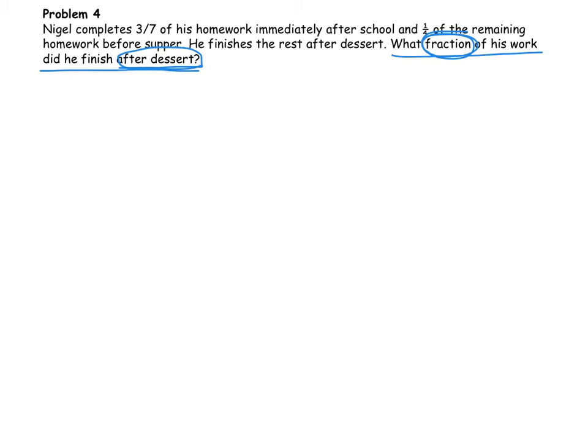Okay, I need to draw a diagram because there's so many pieces. So I know that he completes 3/7 of his homework immediately after school. He did 1/4 of the remaining homework before supper.